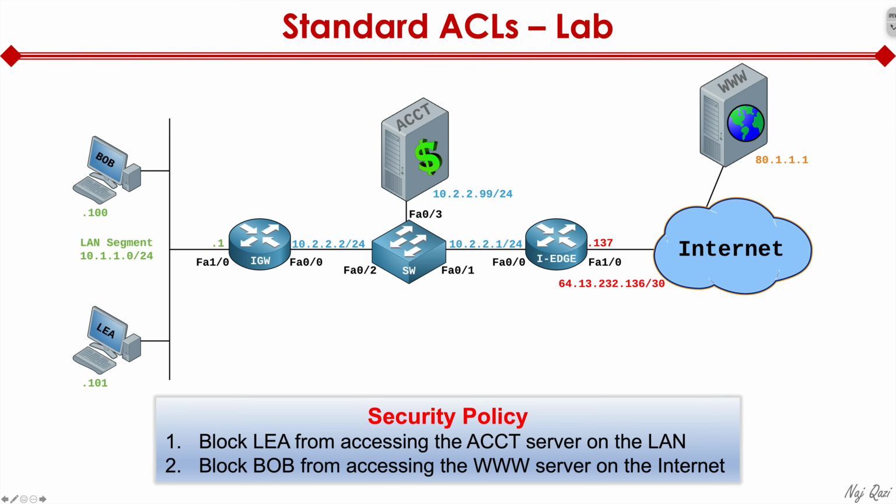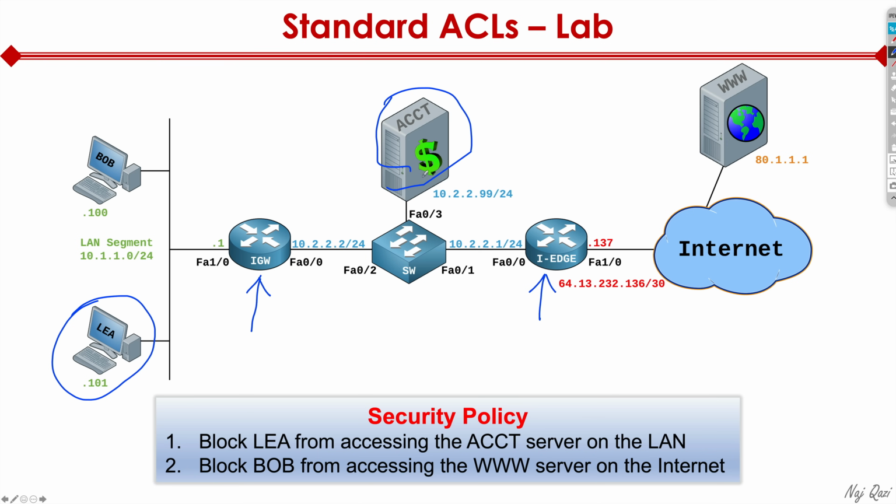And let me explain. So the first statement says block Leah from accounting. So Leah's down here and accounting server is up here, right? How do we block Leah from accessing the accounting server? Now, where can we place ACLs? Well, there's only two places where we can have ACLs in our network. Either the internal gateway router, or IGW, or the Internet Edge, or iEdge router.